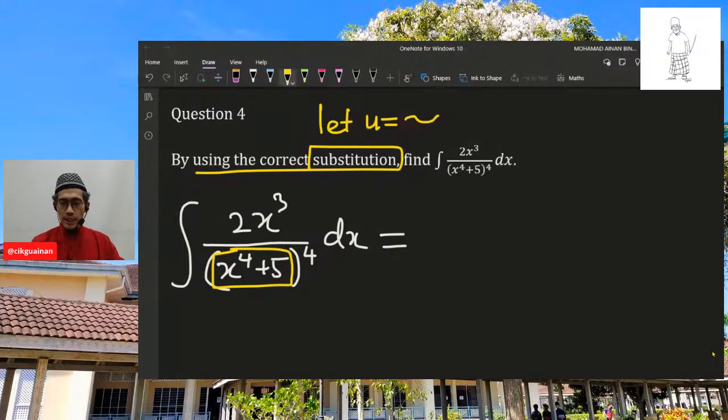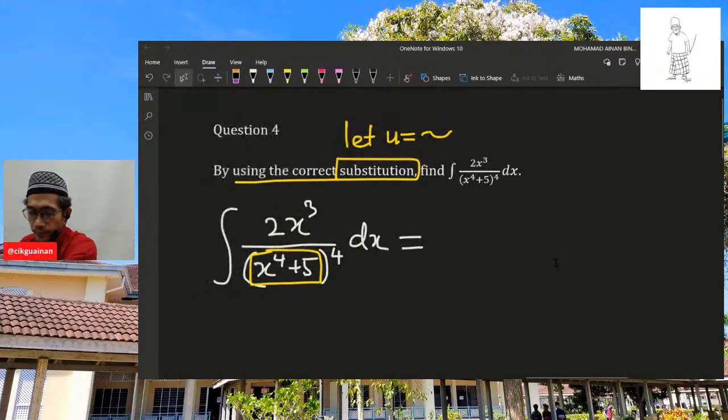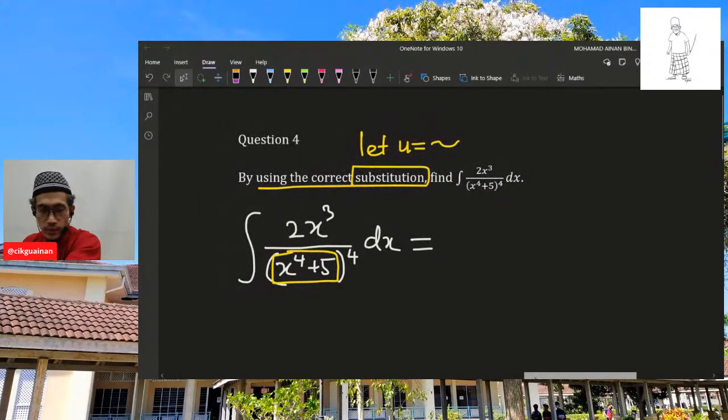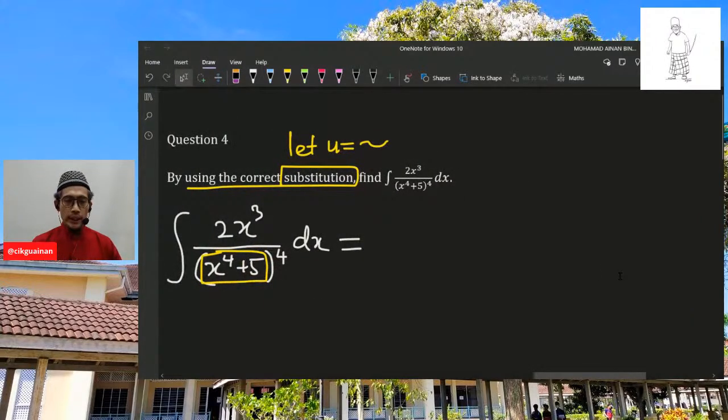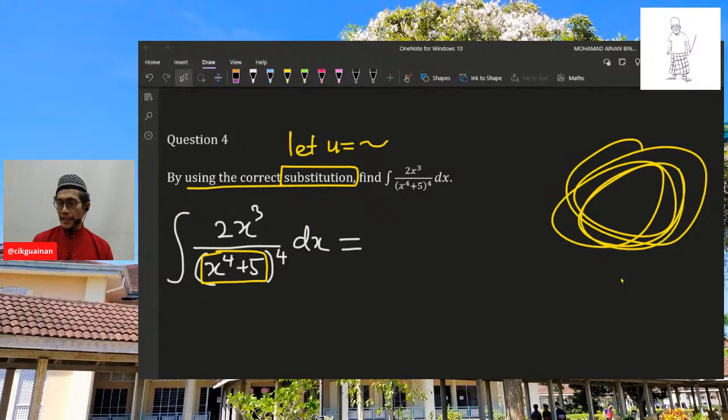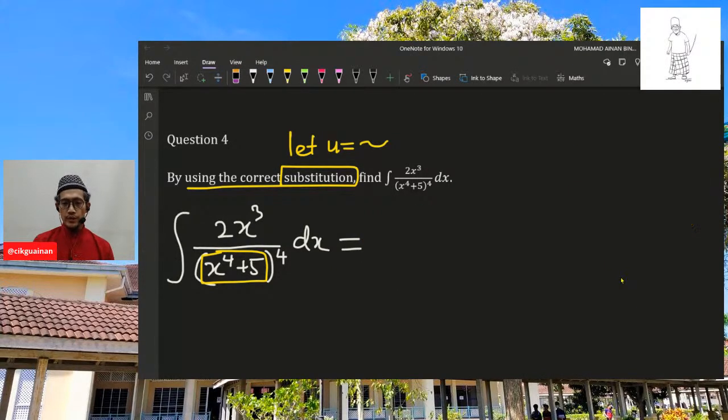It is too small, let me make it bigger. Okay, that's better. Now I'm going to write let u over here because we are going to substitute. Let u equal x power 4 plus 5.